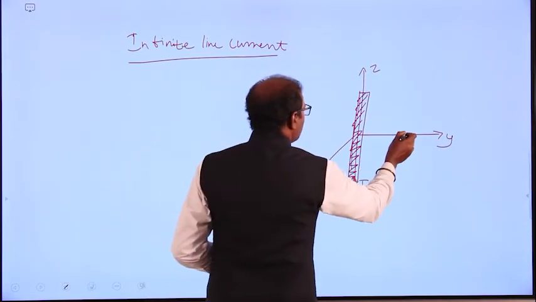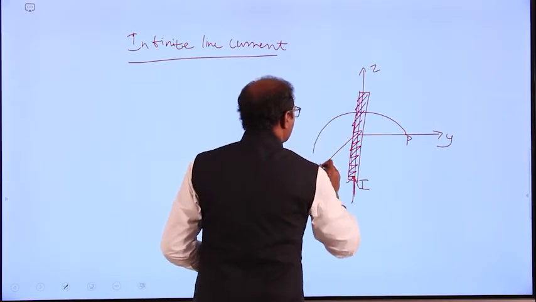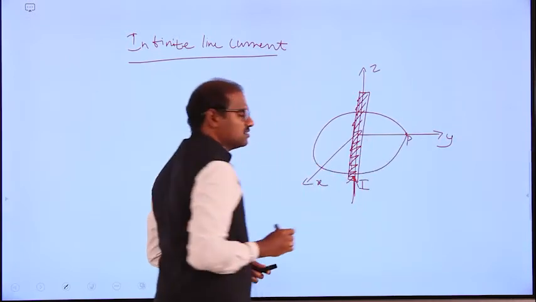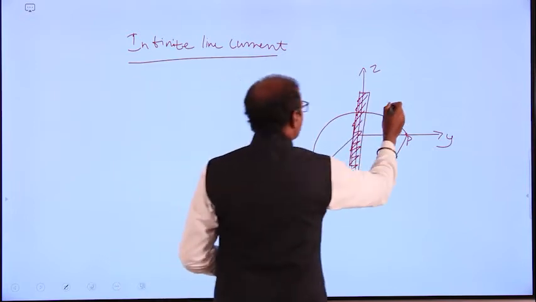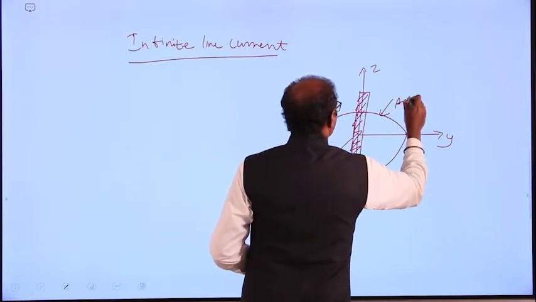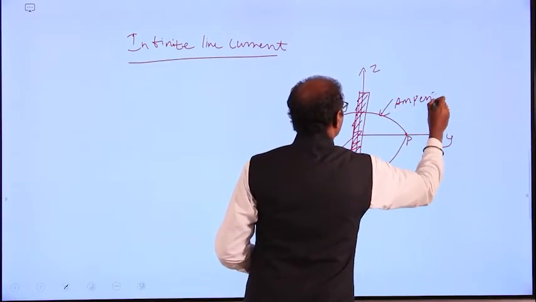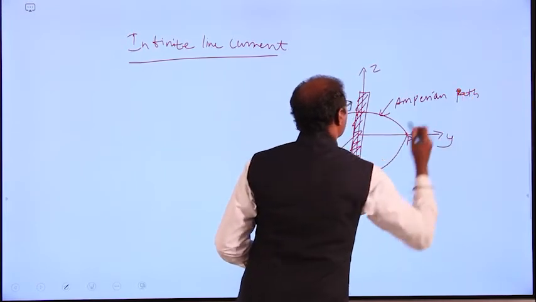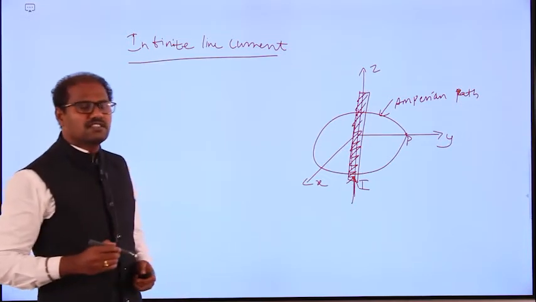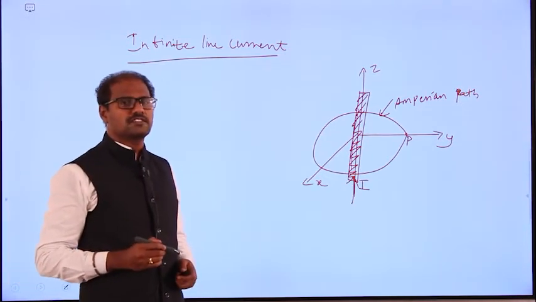So we are going to make one ambient path. We can call this a Gaussian surface or closed surface.